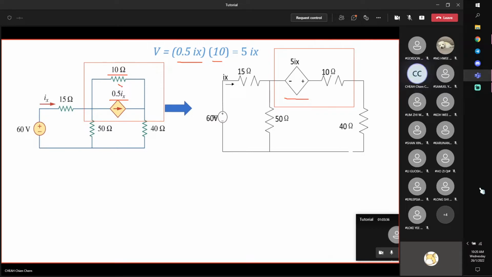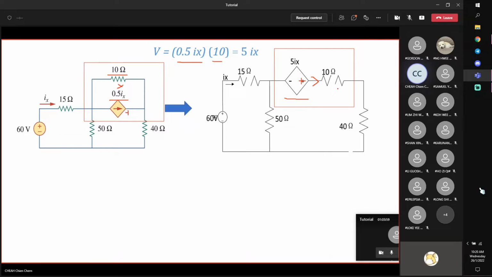So this multiplied by this gives you 5 Ix. The most important thing is the sign. Take note that current always flows out from the positive terminal. So when you transform to this voltage source, the positive sign should be here. Follow the direction of the current.